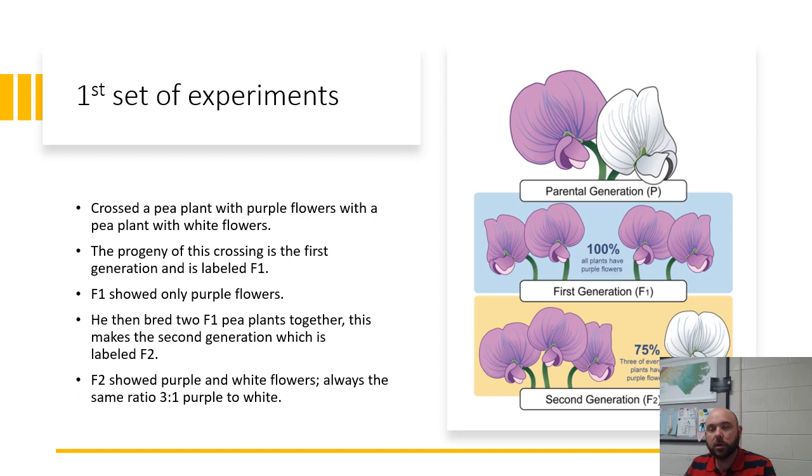Furthermore, he did enough experiments to show that it always reappeared at a 3-to-1 ratio. So 75% of the second generation would have purple flowers and 25% of them would have white flowers. For every three purple flowers in the second generation, you would get one white flower.